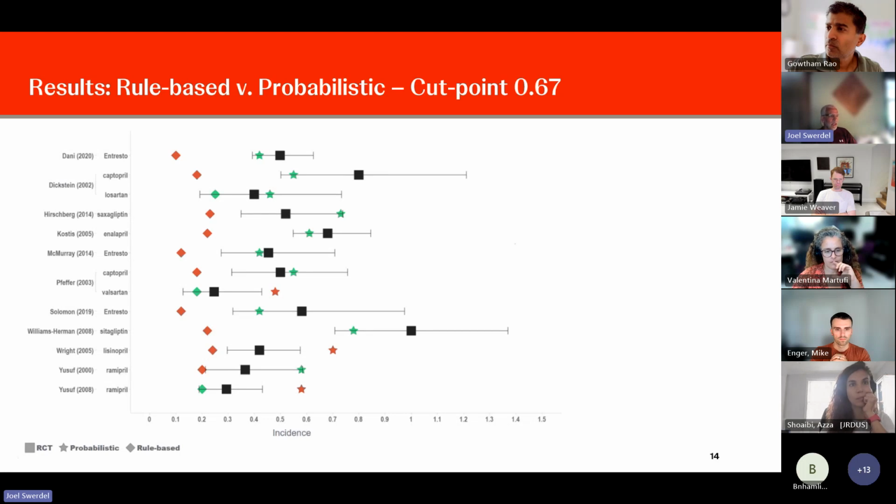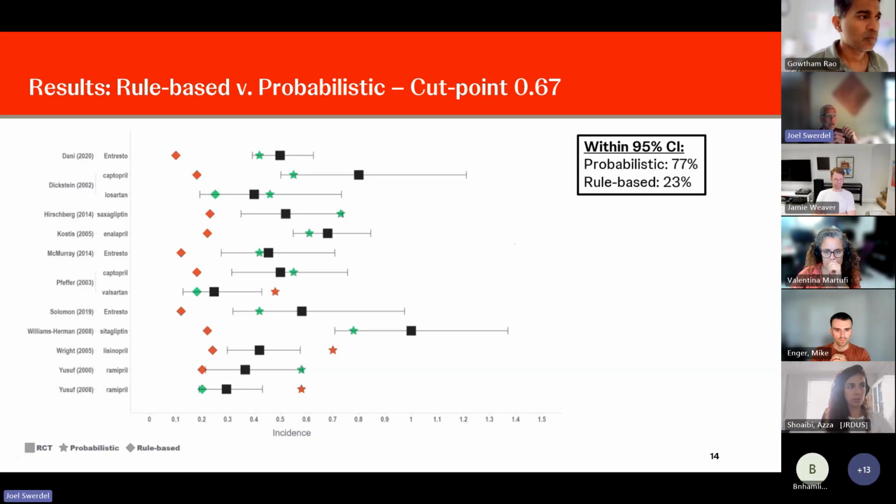What we have here in the diamonds are the results from the rule-based phenotype, and the stars are the ones from the probabilistic phenotype. Green indicates that it's within the 95% confidence interval. Red means it's outside the 95% confidence interval.